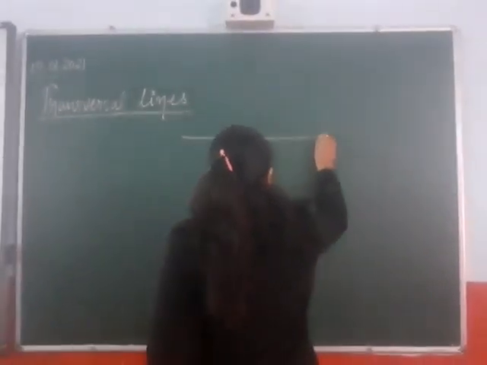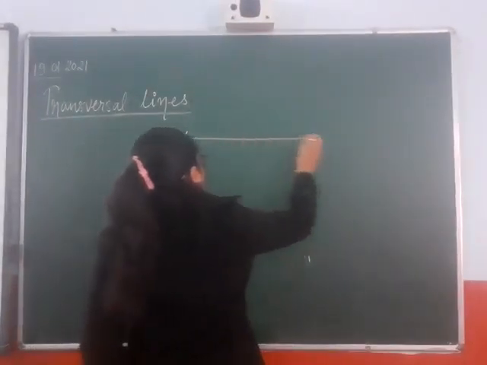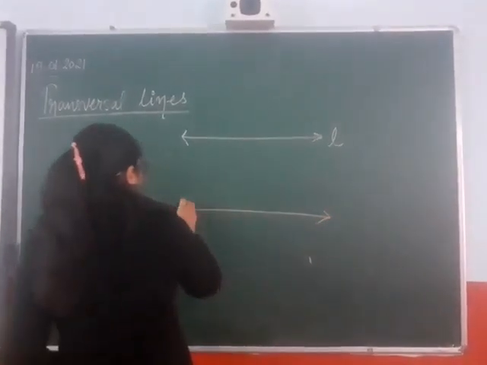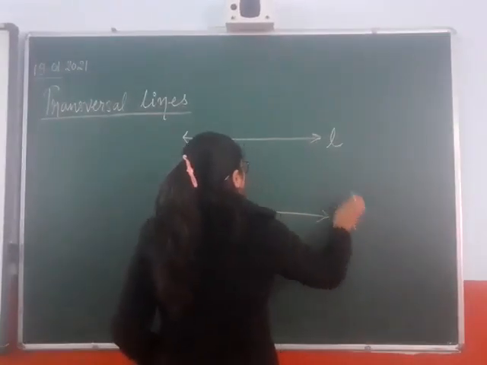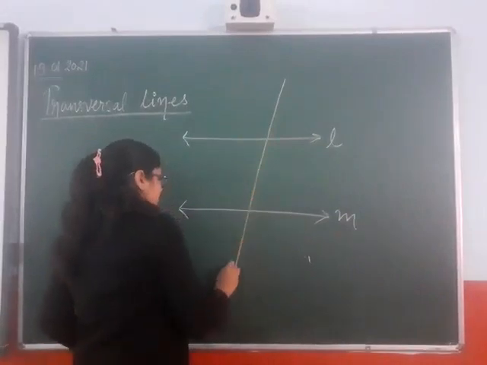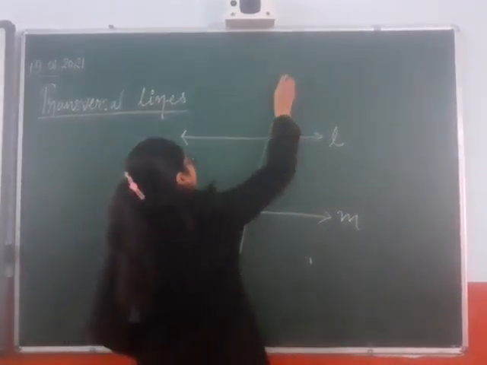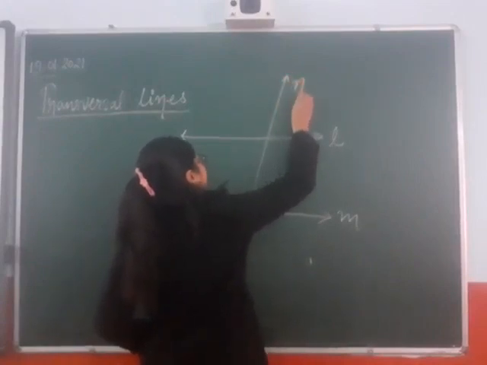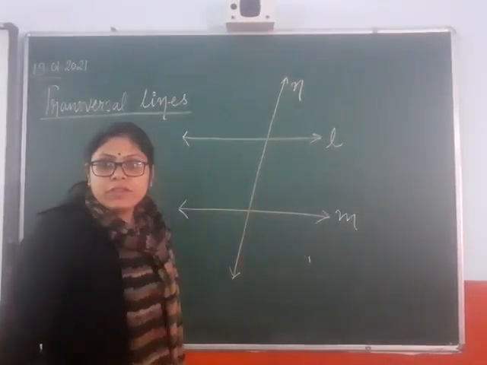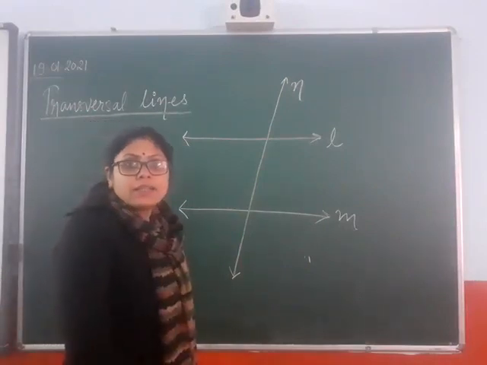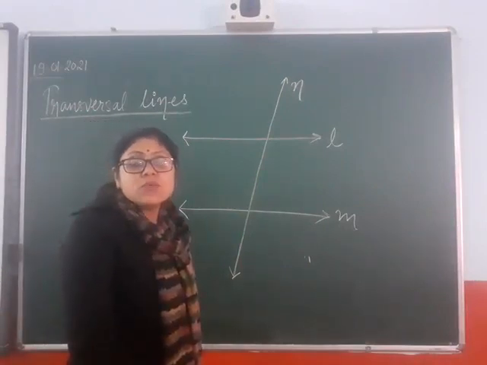Okay, if two lines are there, this is line L and this is line M, and that is cut by a transversal line.